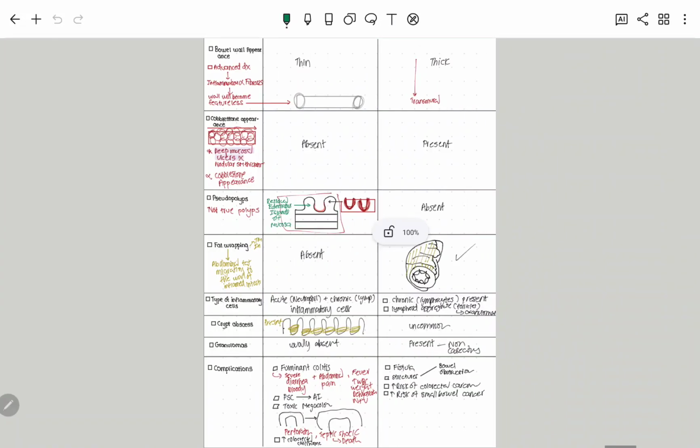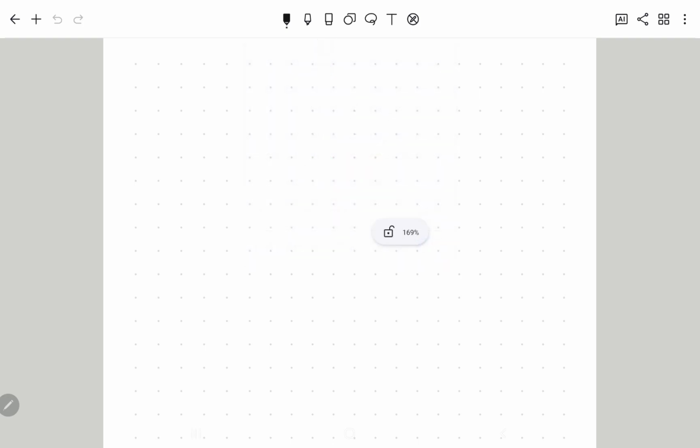And lastly, the question does require you to discuss other non-infectious intestinal inflammation. And there are normally just three worthwhile noting. These are NSAID-associated enteropathy, which as the name suggests quite literally, is seen as a form of intestinal inflammation due to chronic NSAID use.